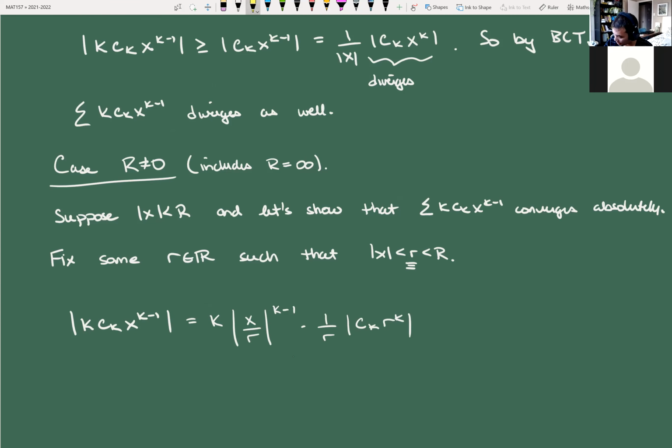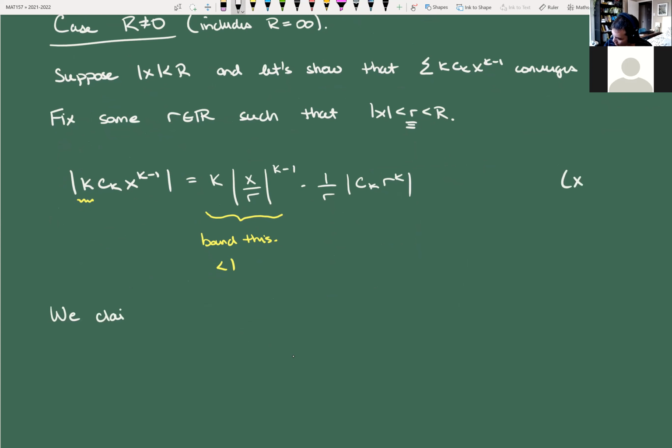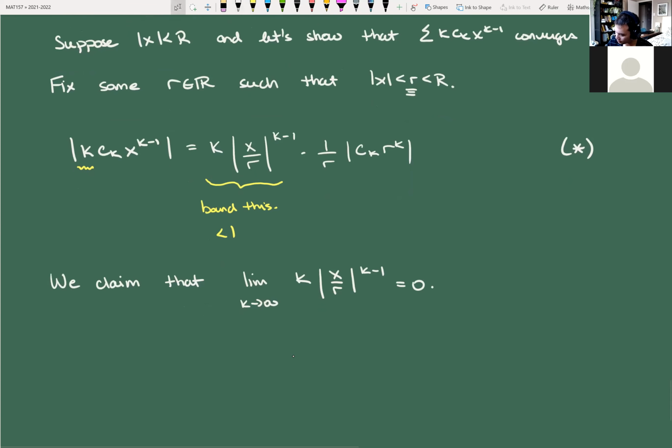So we claim, maybe let's give this equation a name, because I think we're going to have to come back to it. So we claim that the limit as k goes to infinity of k (x over r)^(k-1) is equal to 0.